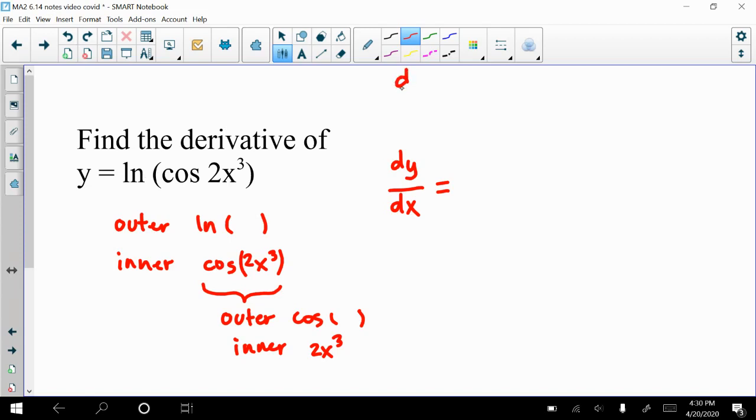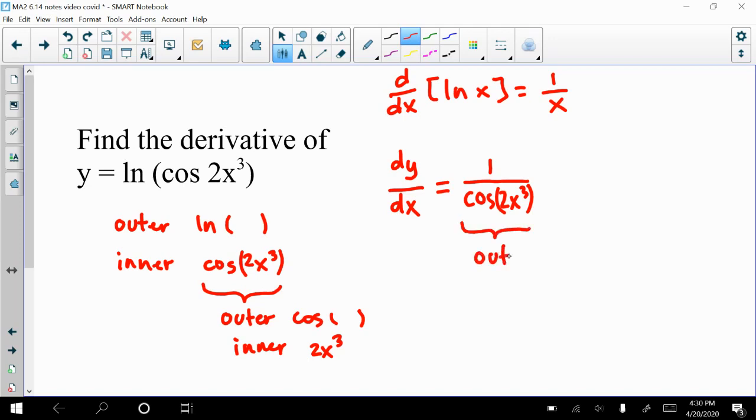If I say take the derivative of natural log of some function, let's just say it was x, you'd say, oh, that's 1 over x. Okay, well, now it's going to be 1 over cosine 2x cubed. And you just kind of ignore that that's not just a 1 over x, but that's how derivative of natural log works. So this is the derivative of the first outside.